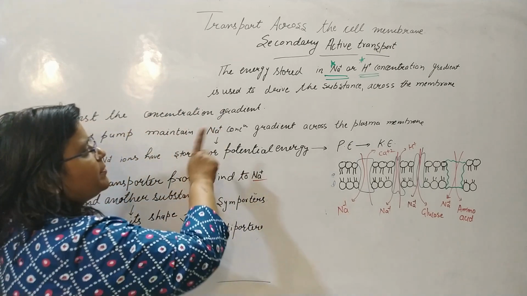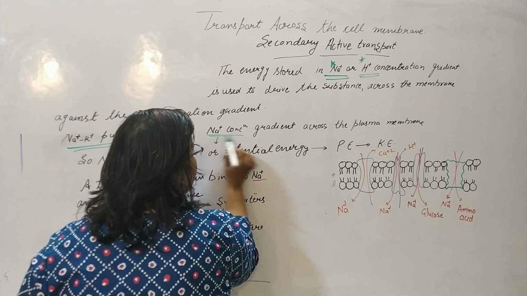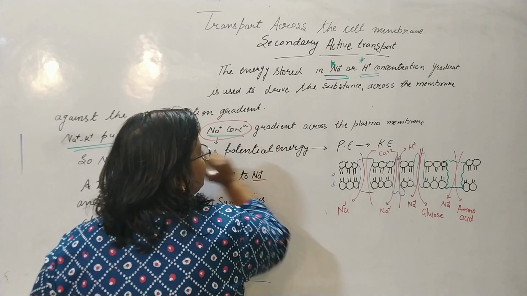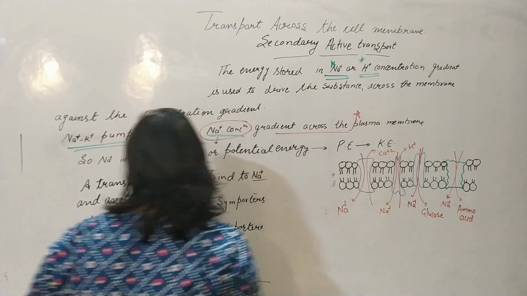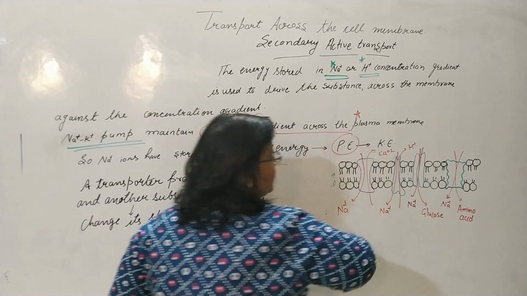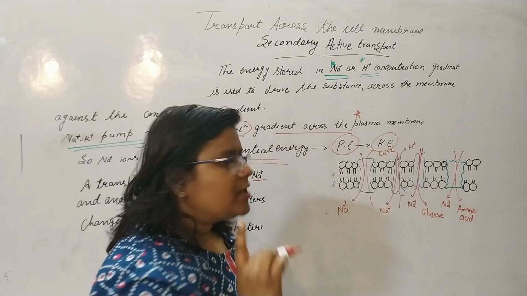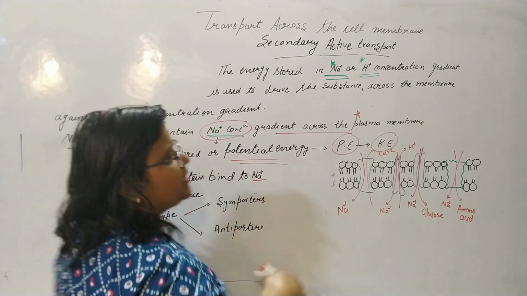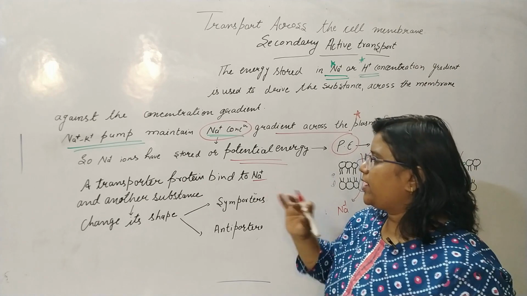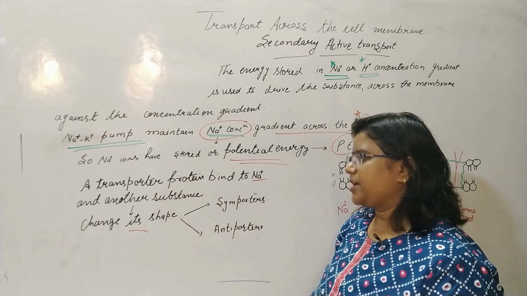So primary active transport maintains the sodium concentration, and the sodium potassium pump maintains the sodium concentration gradient across the membrane. The sodium ions have potential energy, and this potential energy is converted into kinetic energy. This kinetic energy helps to move the substance, and it leads to a change in shape.